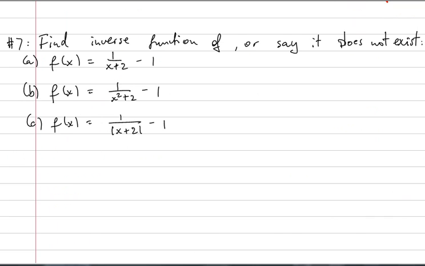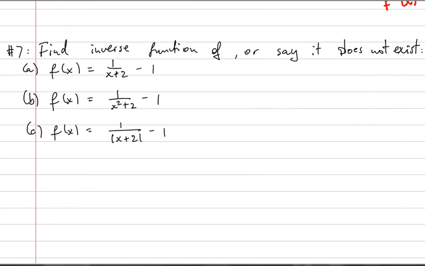So let's move to the next problem, which means let's see if these functions have or do not have an inverse. Parts B and C are actually easier, so let's do them first. This has an x squared, so it does not pass the horizontal line test because, for example, f of -2 is equal to f of 2.